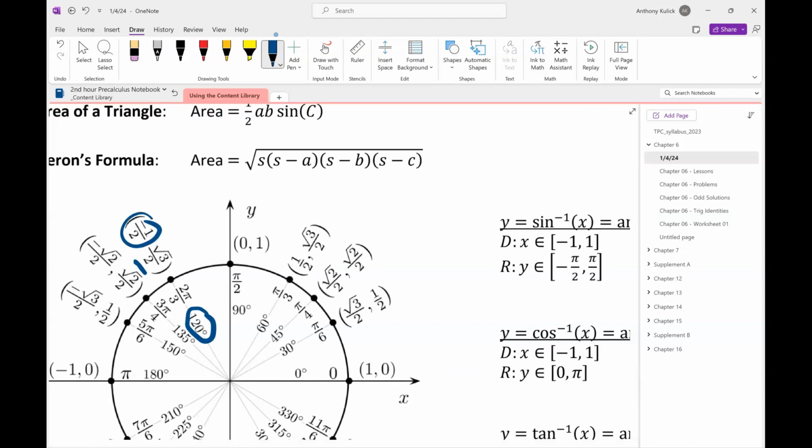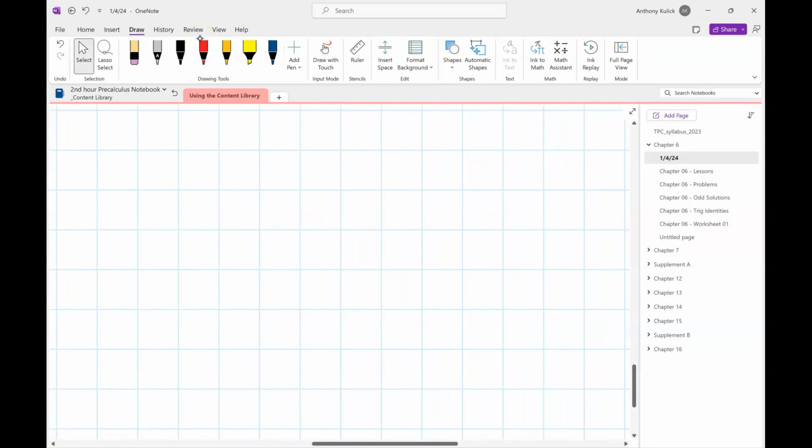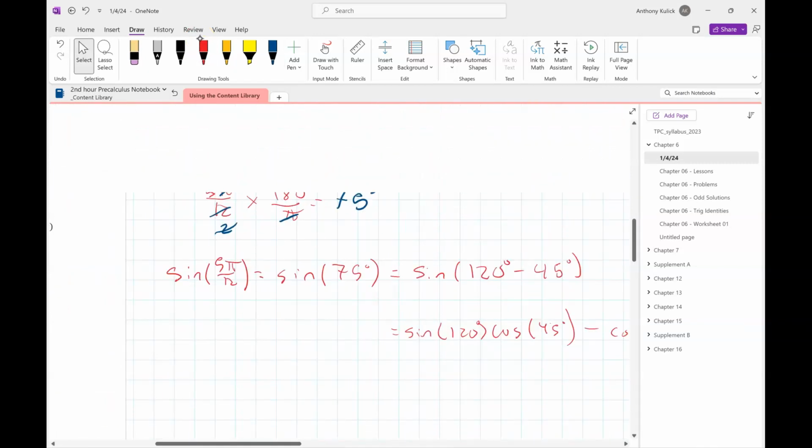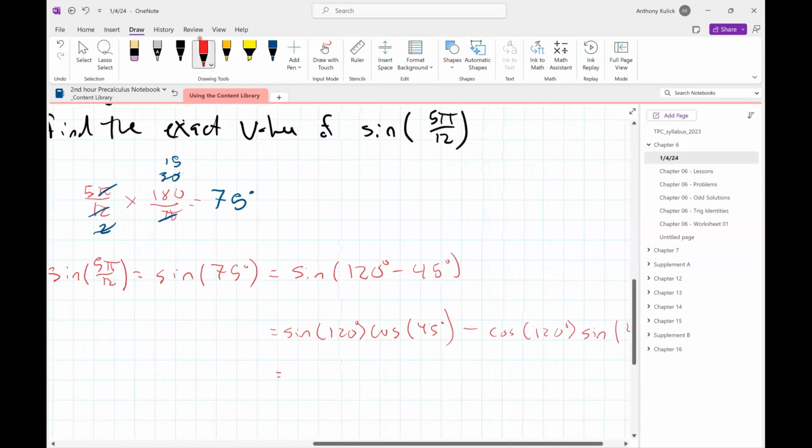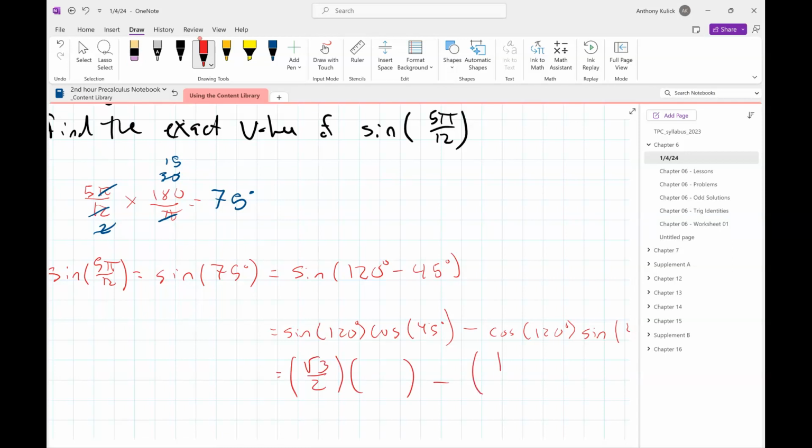Cosine of 120 is the x coordinate. And then I do the same thing for 45. I'm just going to write that in instead of looking it up.